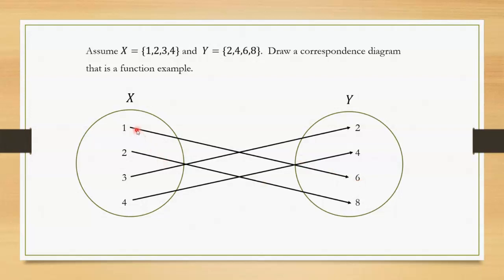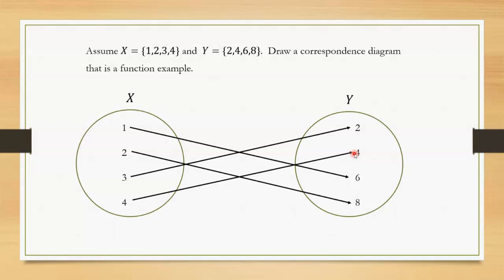So if 1 is our input, 6 is our output. 2 is our input, 8 is our output. 3 is our input, 2 is our output. 4 is our input, 4 is the output, okay?